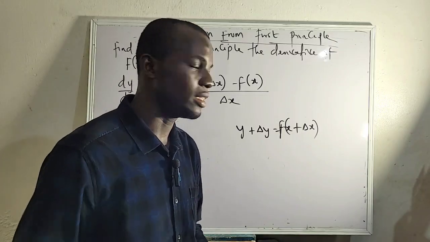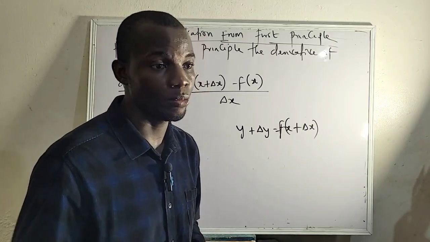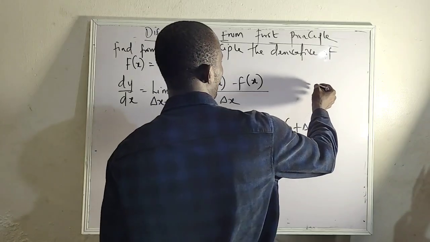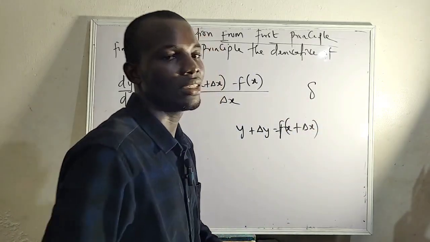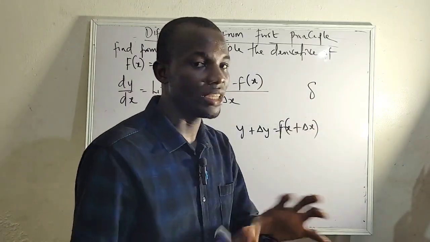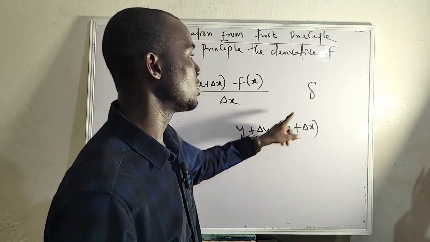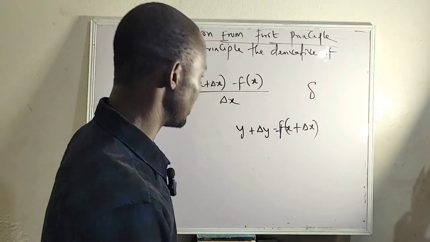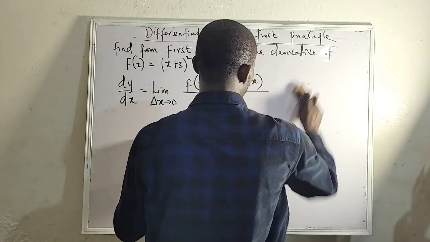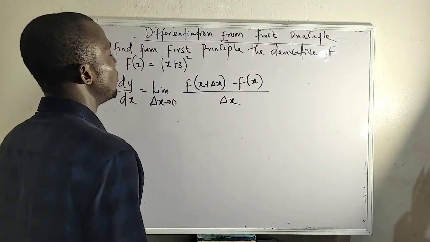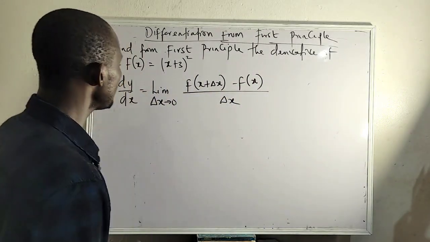And I must say that this change in x in some textbooks is referred to as delta. So whichever one you are using, they all fall in the same category in this context. Now, let's proceed.